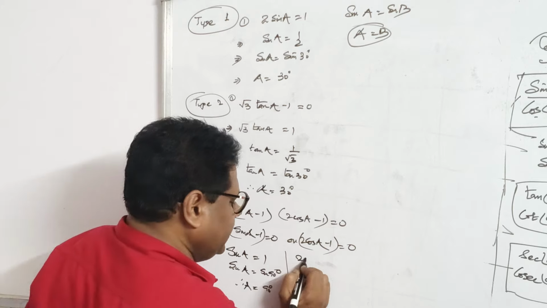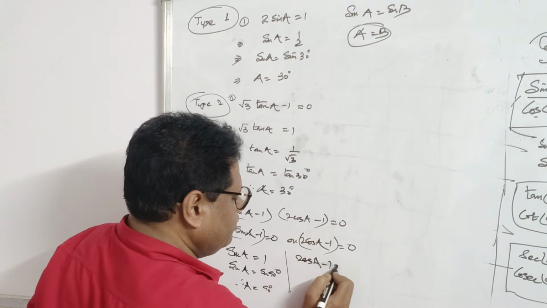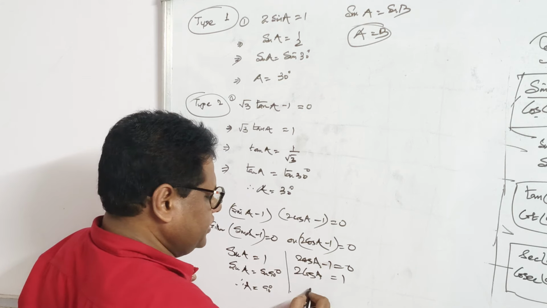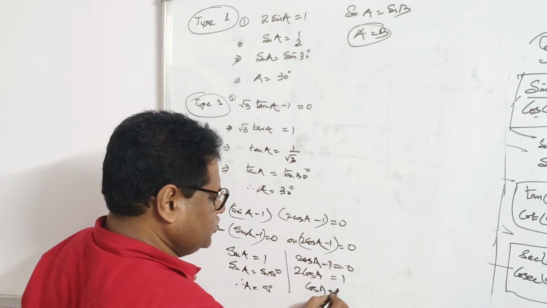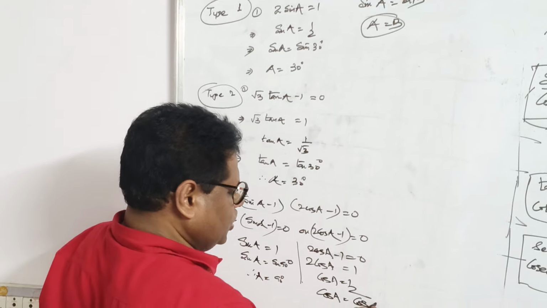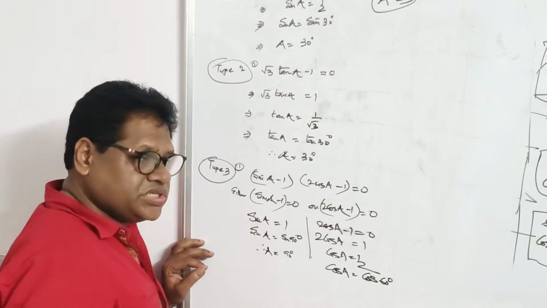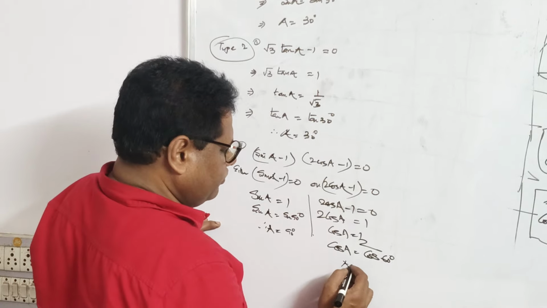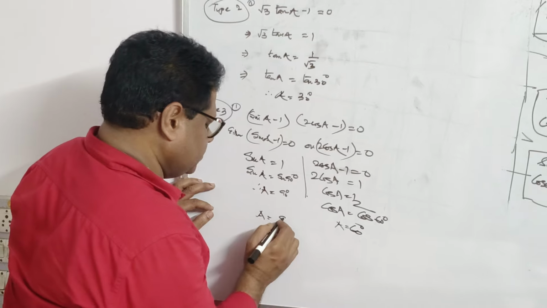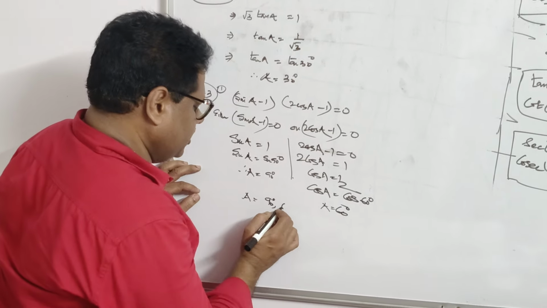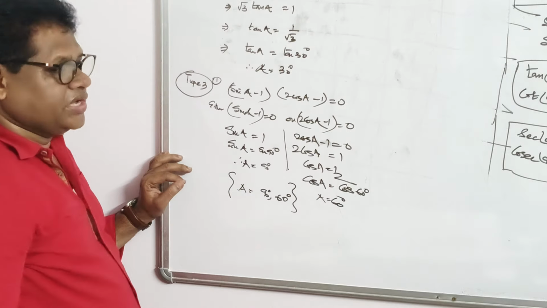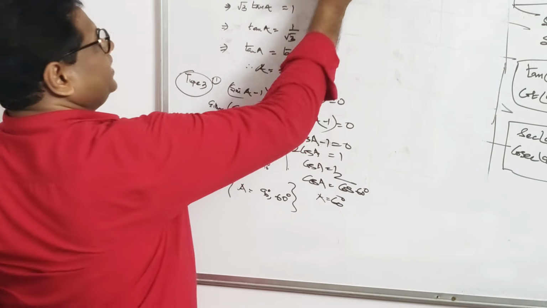Next, here we have 2 cos A minus 1 equals 0, that means 2 cos A equals 1, or cos A equals half, that brings cos A equals cos 60 degree. The value of cos 60 is half, so A equals 60 degree. So your solution set will be A equals 90 degree, 60 degree, as you have two values in a quadratic equation. Now let us take the next question.